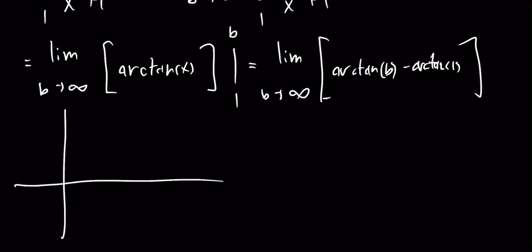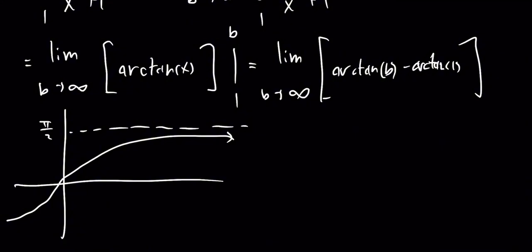So the arctangent function looks something like this. And here's an asymptote at pi over 2. Likewise here at negative pi over 2. So as b approaches infinity, it gets closer and closer to pi over 2. So this is equal to pi over 2.